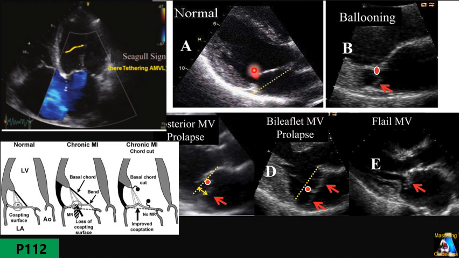In the normal situation, the contact point, the tip of those two mitral valve leaflets, is anterior to the annular mitral valve plane. Here, this is the coaptation spot, and this is the annular plane. How we get the annular plane is easy. On the PLAX, go back and forth.